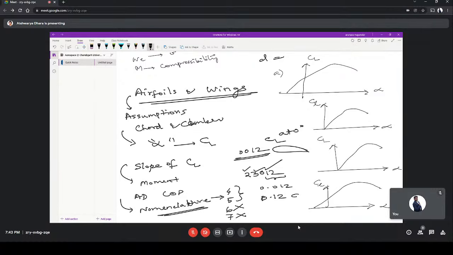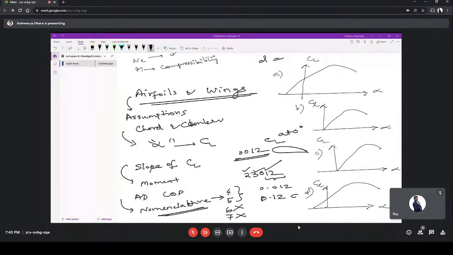I'm giving the options A, B, C, and D. Which among these is going to be the correct one? At zero angle of attack, which graph would you pick? One is capital CL, one is small cl.